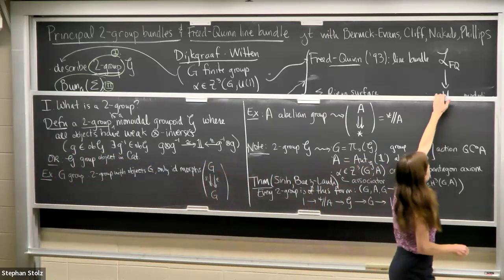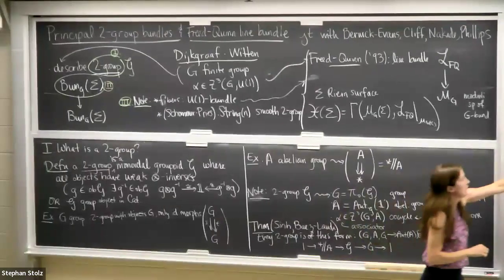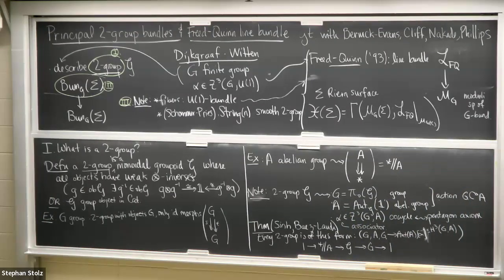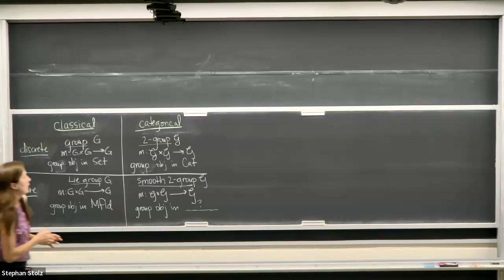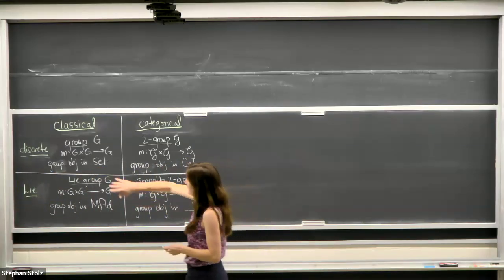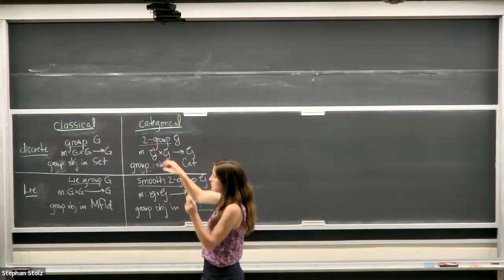Okay, so we talked about two groups. This is without any topology. We want to eventually talk about smooth two groups. So let's see what happens when we add something smooth. In this chart, the top row is the description that we've just done.